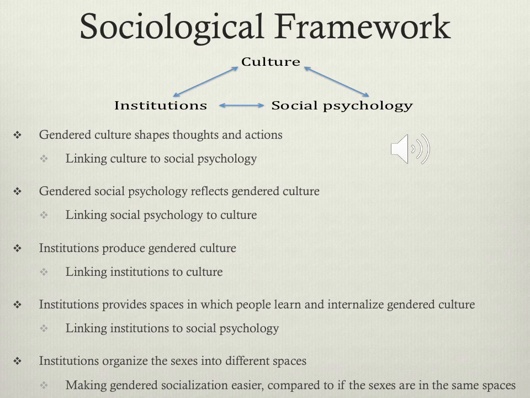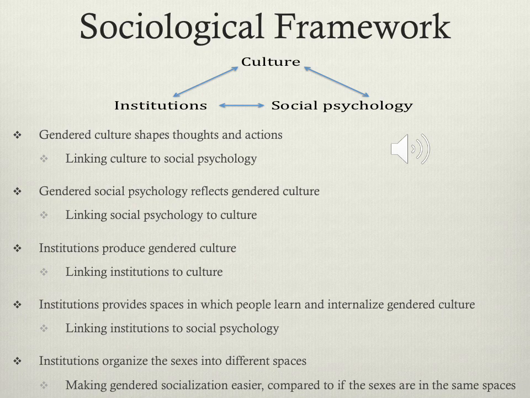And then we can move into the last part of our semester where we looked at the institutional foundations of gender. We talked about how institutions are important because, on the one hand, they produce gender culture, meaning that our families, our schools, our media, religion, all these different institutions contribute to producing that gendered culture.